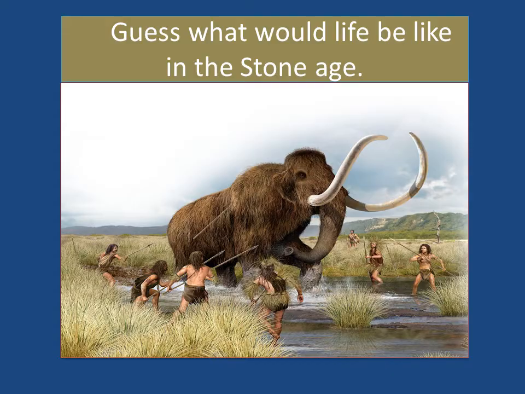Life in the Stone Age was not so easy. They did not have any supermarket, any mall, or any shop, but they were supposed to hunt and kill huge, big animals, and then cut them, make food out of it, and feed themselves and their families. So life was really very difficult.